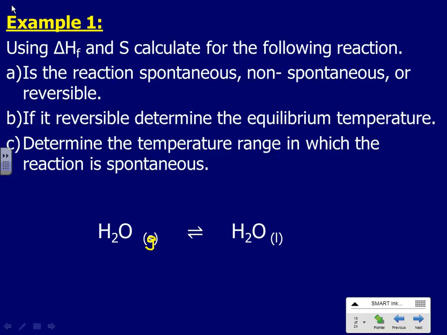Let's go back and take a look at this number right here for a moment. You don't need to write down this calculation, but help me do it.